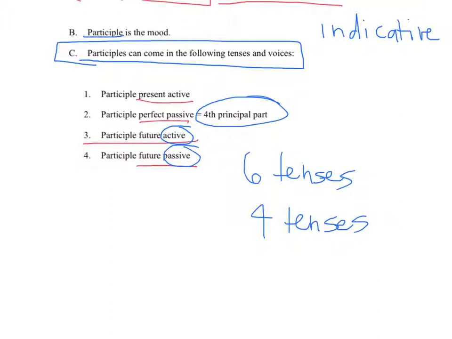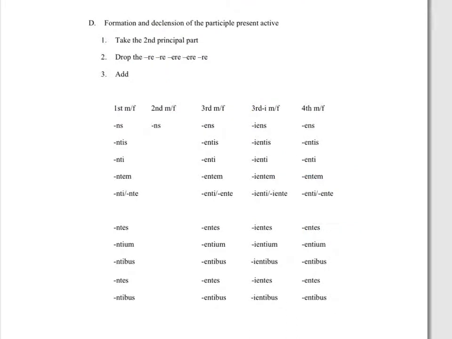There are 2 voices in Latin, active and passive. Note that there is only one passive participle, the participle perfect passive. All of the other participles are in the active voice. The participle future active and the participle future passive will be the subject of later lessons, and you've already learned the participle perfect passive.